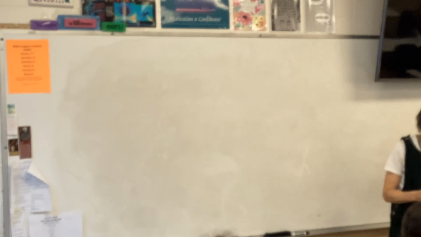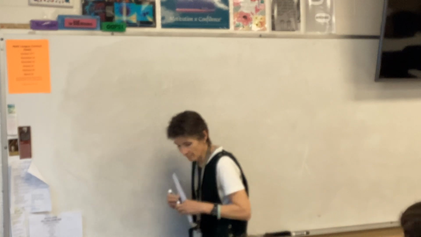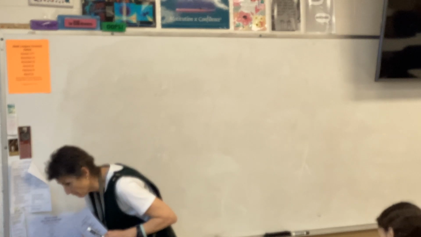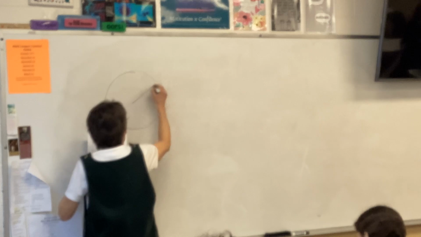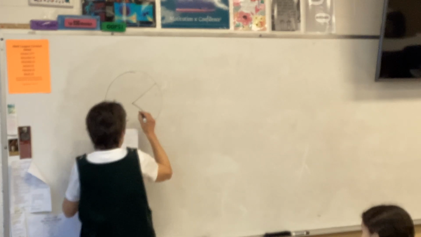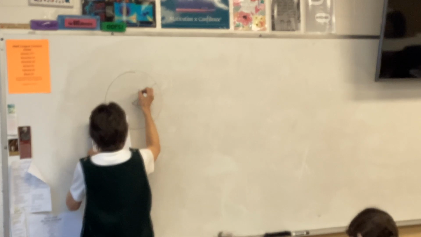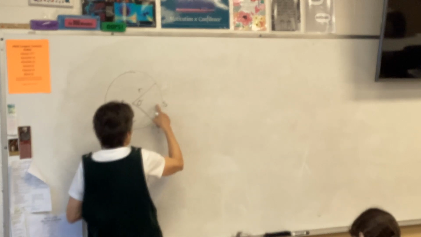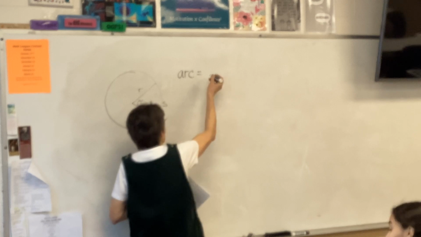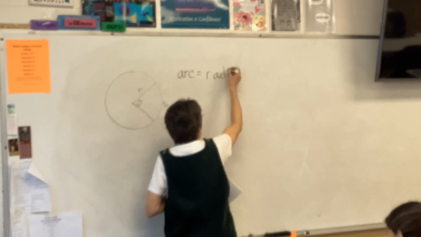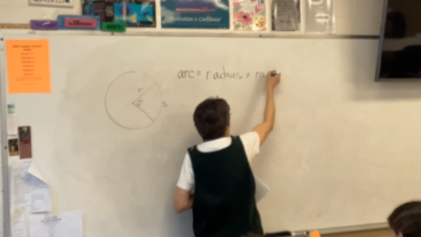We're ready for number 5? Okay, so we're ready for question 5. So here we go. So remember our little formula. S, remember, is arc length. So I remember, as I told you yesterday, arc length equals radius times radians.